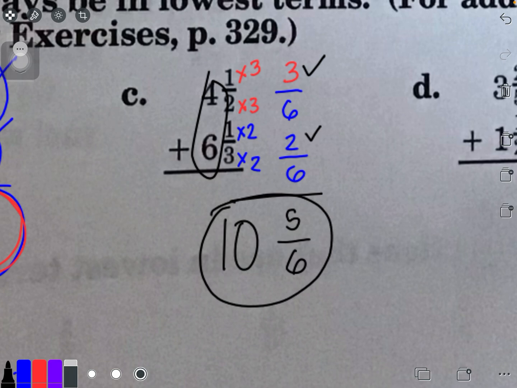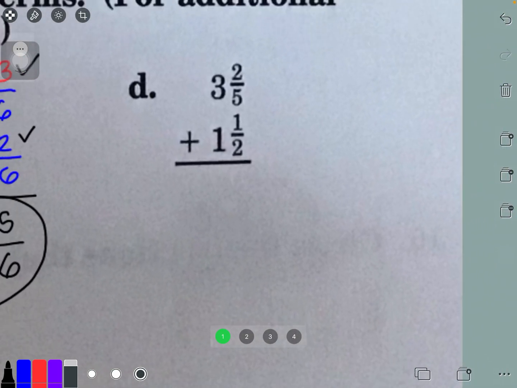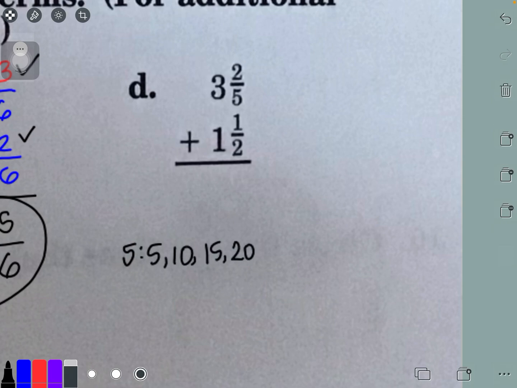Okay, letter D. Again, they've got whole numbers there. Not to throw you off, it's just there. So I have to look at my denominators, 5 and 2. They're different, okay? And I'm going to have to find their least common denominator. So I'm going to list the multiples of 5. 5, 10, 15, 20, 25.